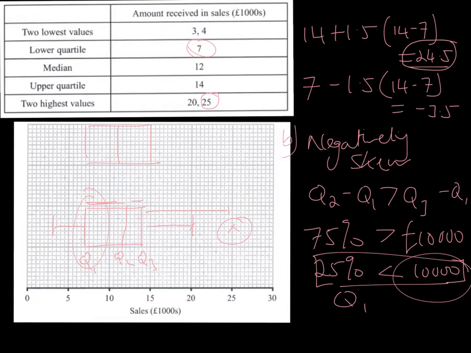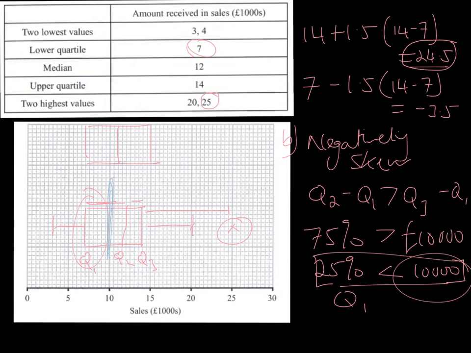So what that means is we can say that the amount received is greater than only £7,000 for 75% of the time. For it to be greater than 10,000, we would be looking approximately down this line here, and we can see that we're getting fairly close to the median.